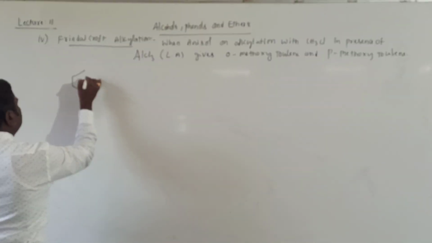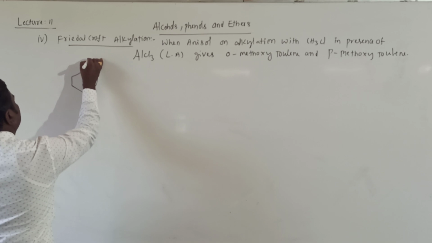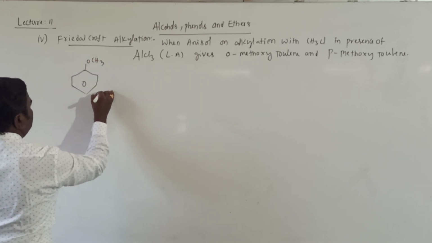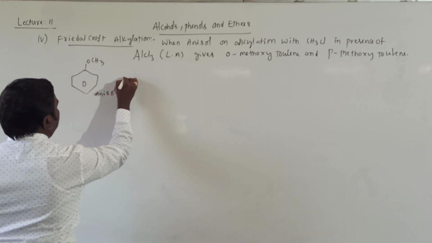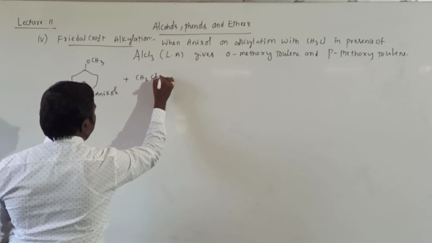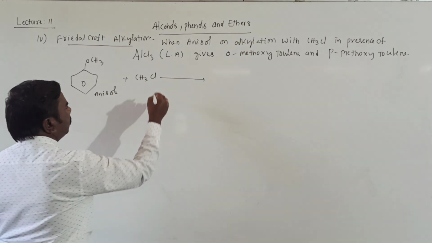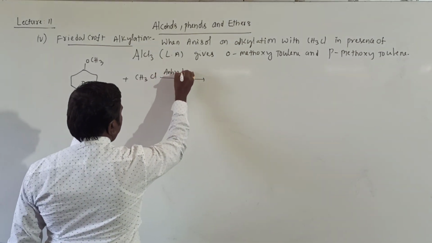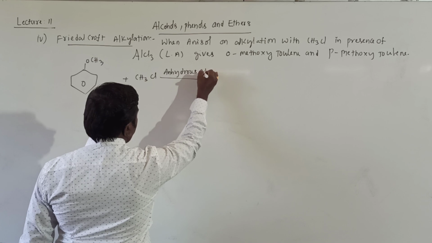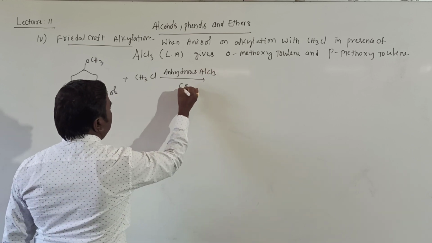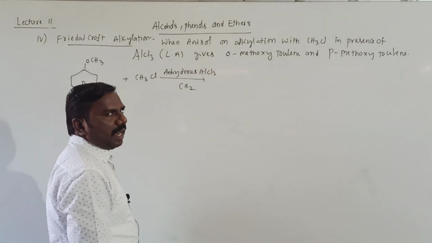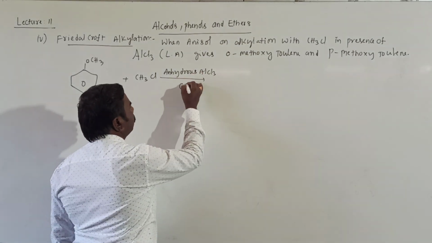The reaction: OCH3, anisole, reacts with CH3Cl in the presence of anhydrous AlCl3 in carbon disulfide solution.